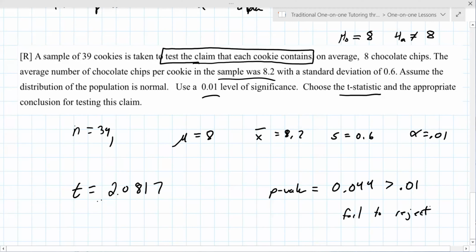Do you see how answer A is 2.0817, same with answer B? The choice then is either reject or fail to reject, and it's based on the p-value. The p-value is greater than 0.01, so you fail to reject. I just need to remember if it's greater than, you fail to reject, and less than, reject.